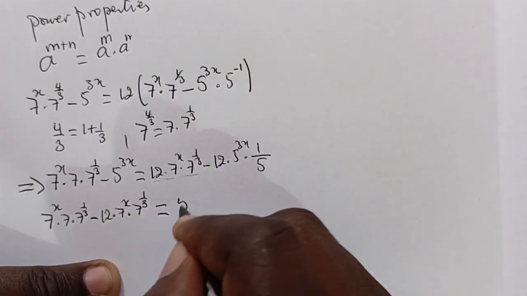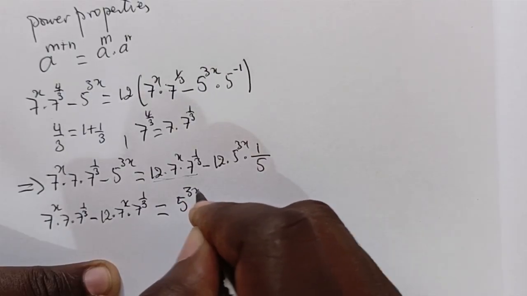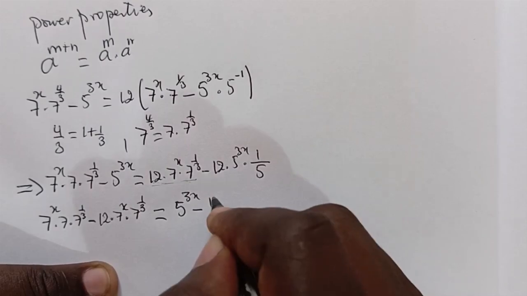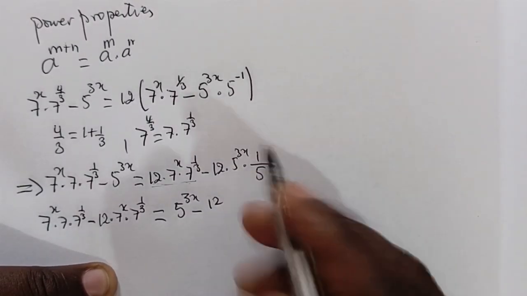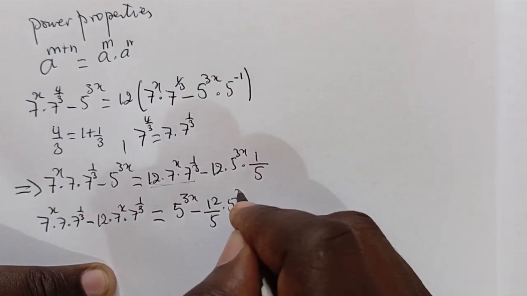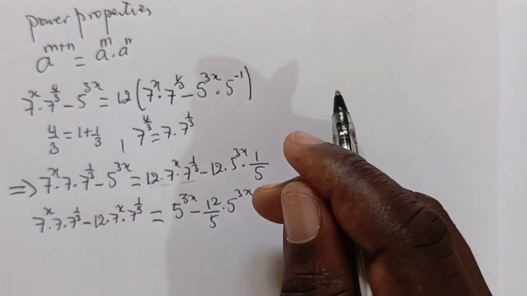It will become 5 to the power of 3x. Here is minus 12. I may have 12 over 5. 12 over 5 times 5 to the power of 3x, guys.